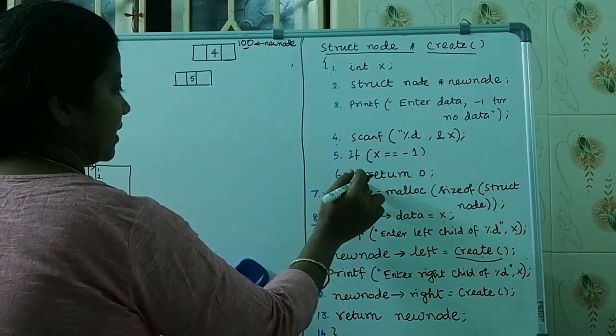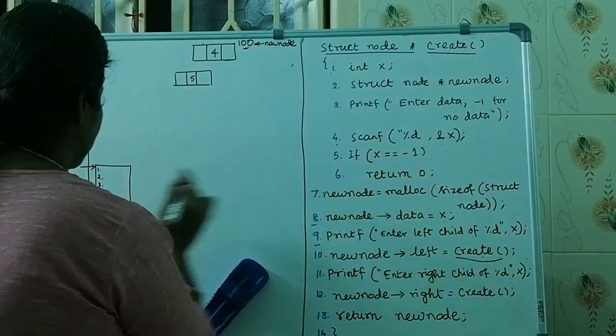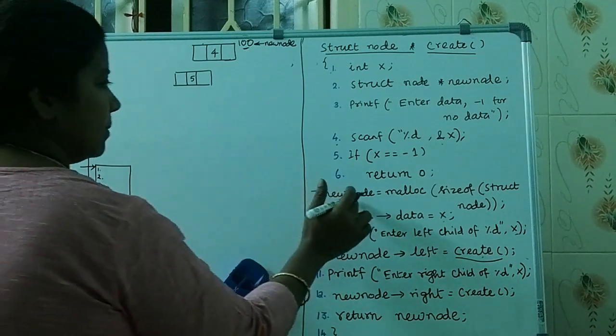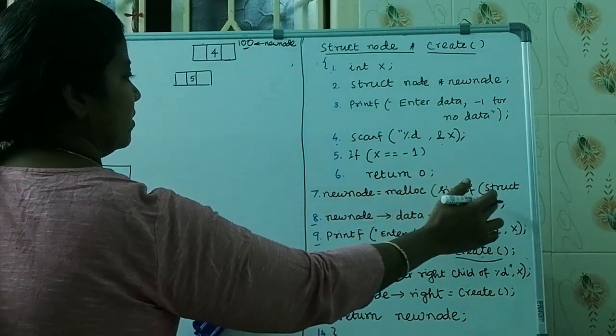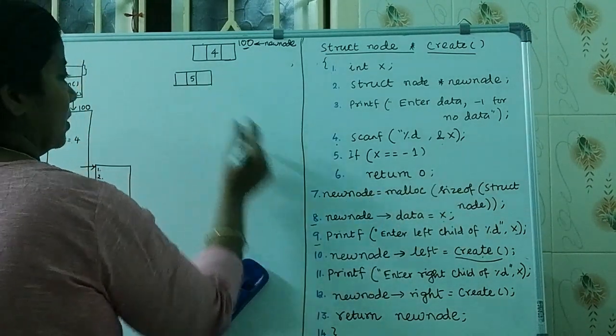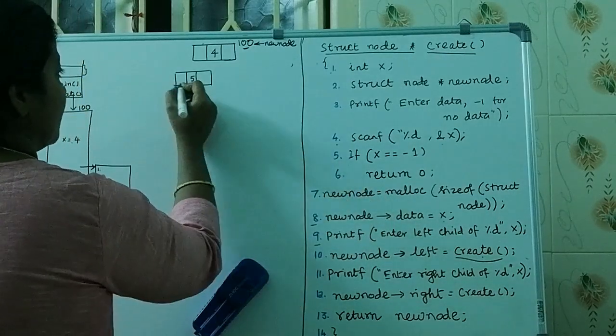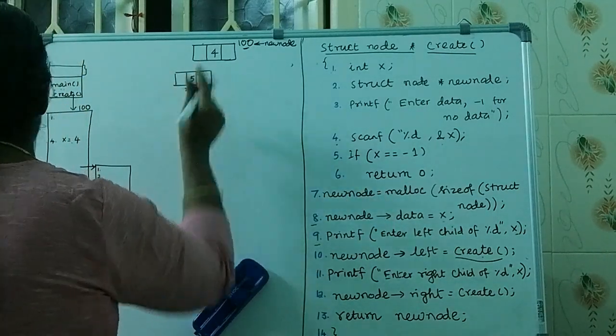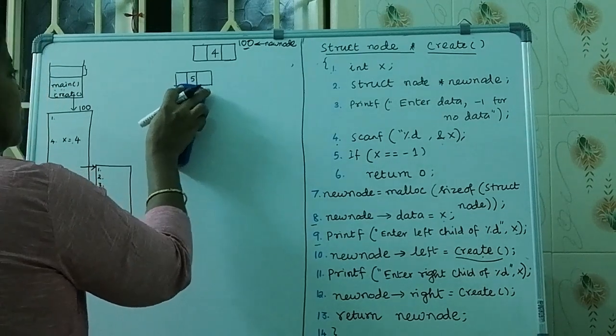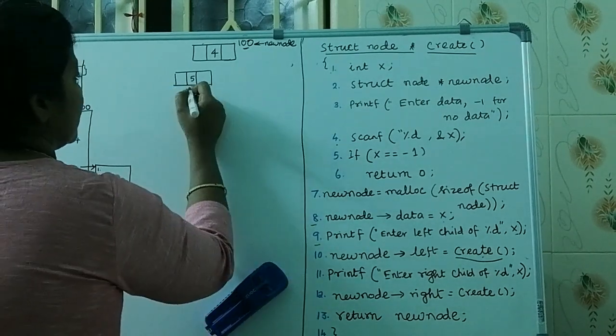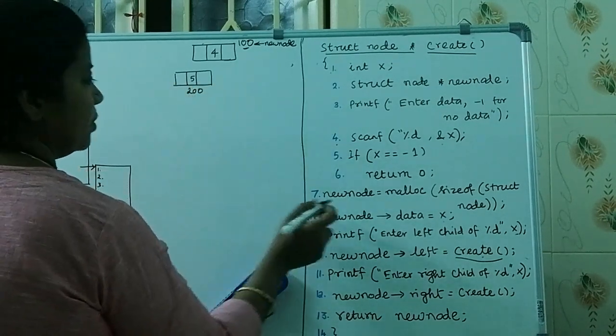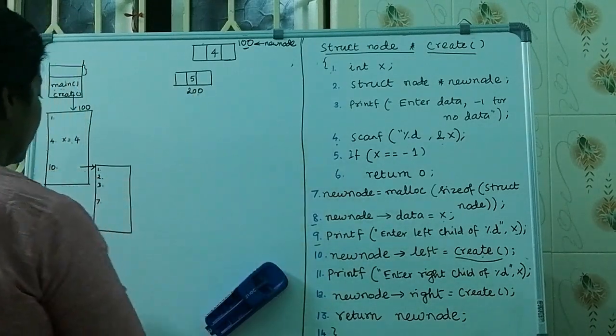No. So it will not execute line number 6. It comes here, line number 7. Line number 7 says malloc size of struct node. This time it will call the malloc function, and it will return the address, let's say 200. Now new node is pointing to 200.